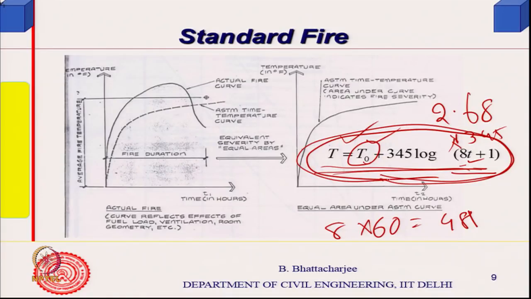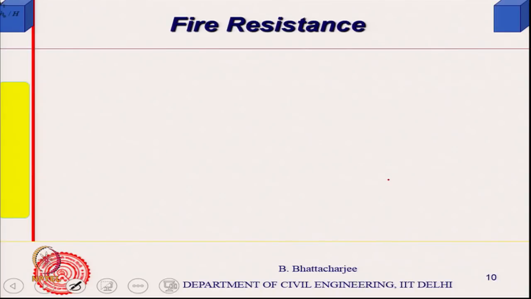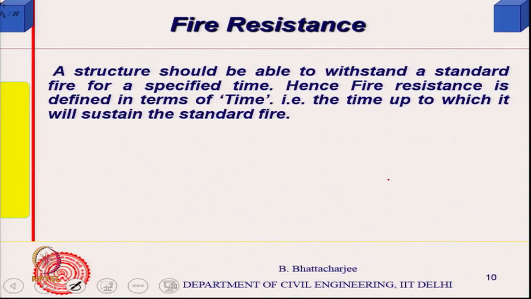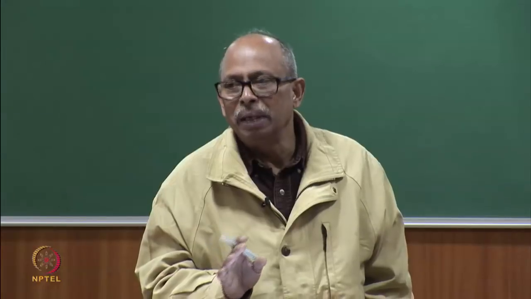So let us see how we define it further. A structure should be able to withstand the standard fire for a specified time. Hence, fire resistance is defined in terms of time. So the unit of fire resistance is seconds, minutes or hours, generally hours.